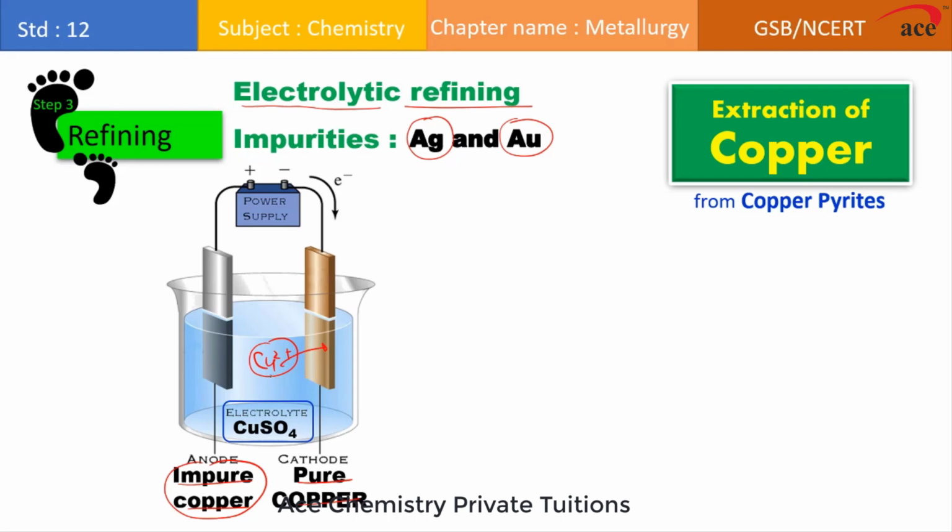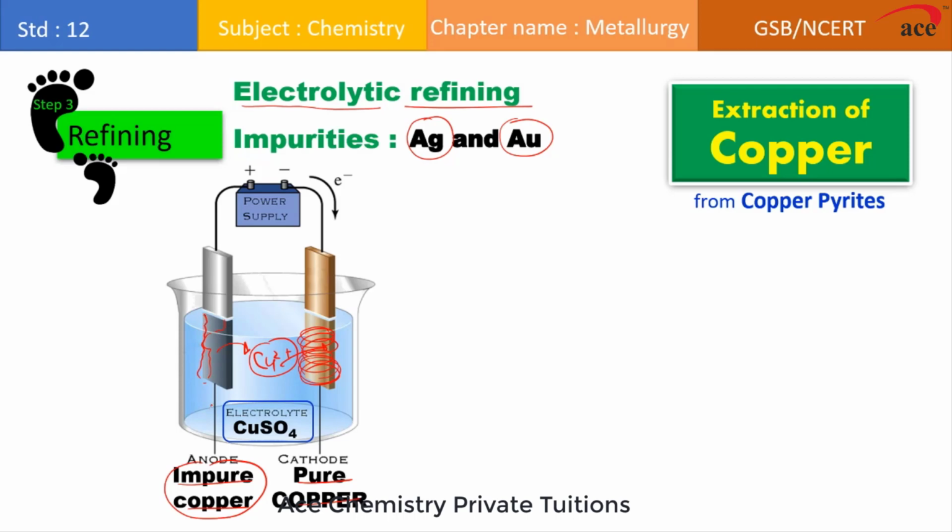As the concentration of copper 2 plus ions decreases to a certain limit, the anode, which is made up of copper metal, starts oxidizing and producing its own ions. So at the end of the process, because of the deposition of the copper metal, this cathode becomes thicker, and because of the decomposition of the anode, the mass of the anode decreases.